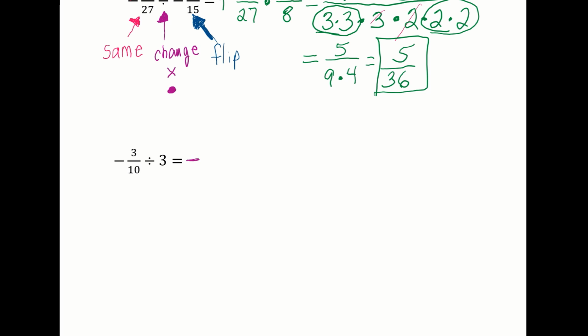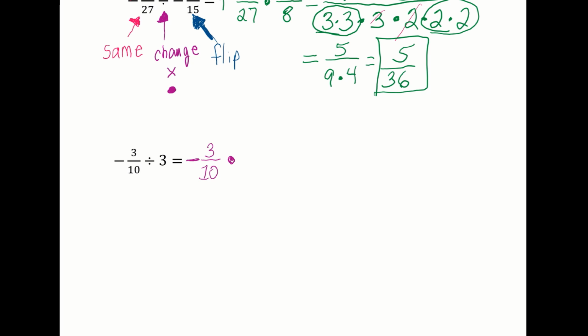The only reason we can do it that way, remember, is because we're dealing with division and multiplication. Now, remember, we write down the first fraction exactly the same. Now we change the division to multiplication and we use the reciprocal.